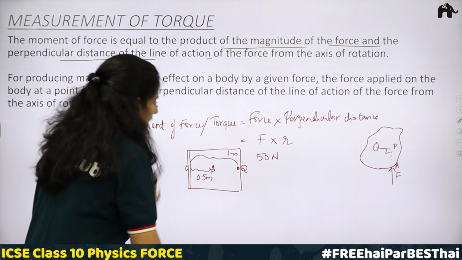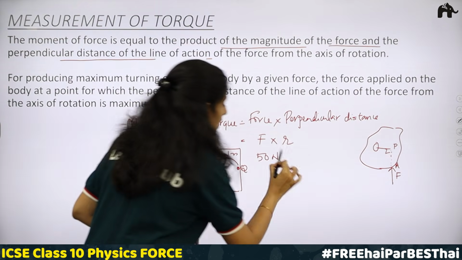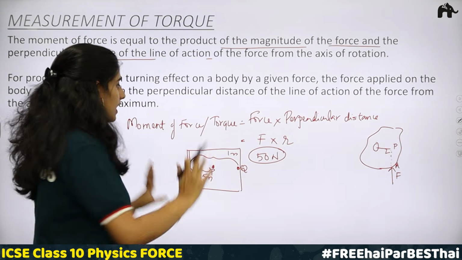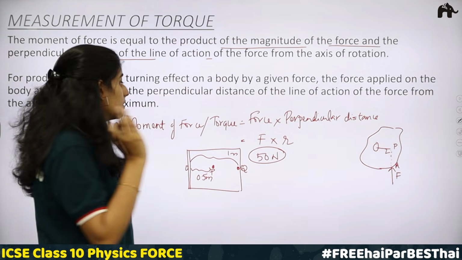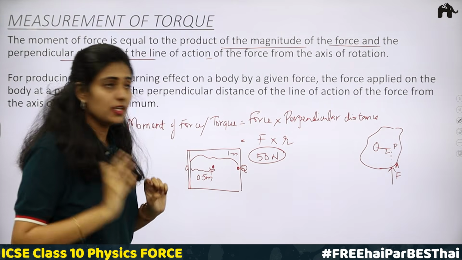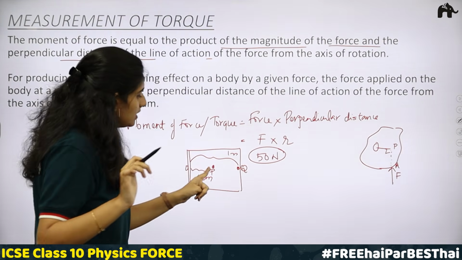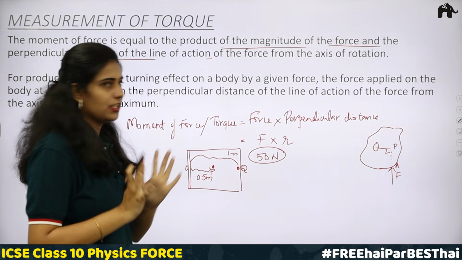Now tell me, we are applying equal force at both the points. In which case is the turning effect or the moment of force or torque maximum? At this point P or this point Q?